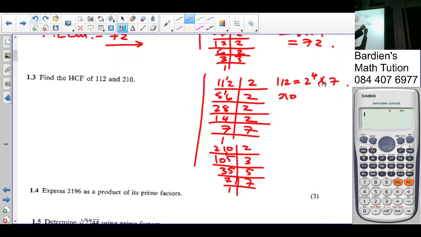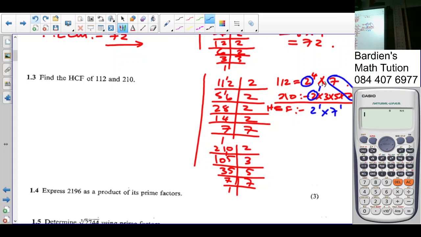So 210 is 2 times 3 times 5 times 7. So for HCF, the rule is the base must occur in all of them, and we take the lowest. So the lowest power of 2 is 2 to the 1. 7 occurs in both, and 7 to the 1. So 7 times 2 is 14. So your highest common factor is 14.